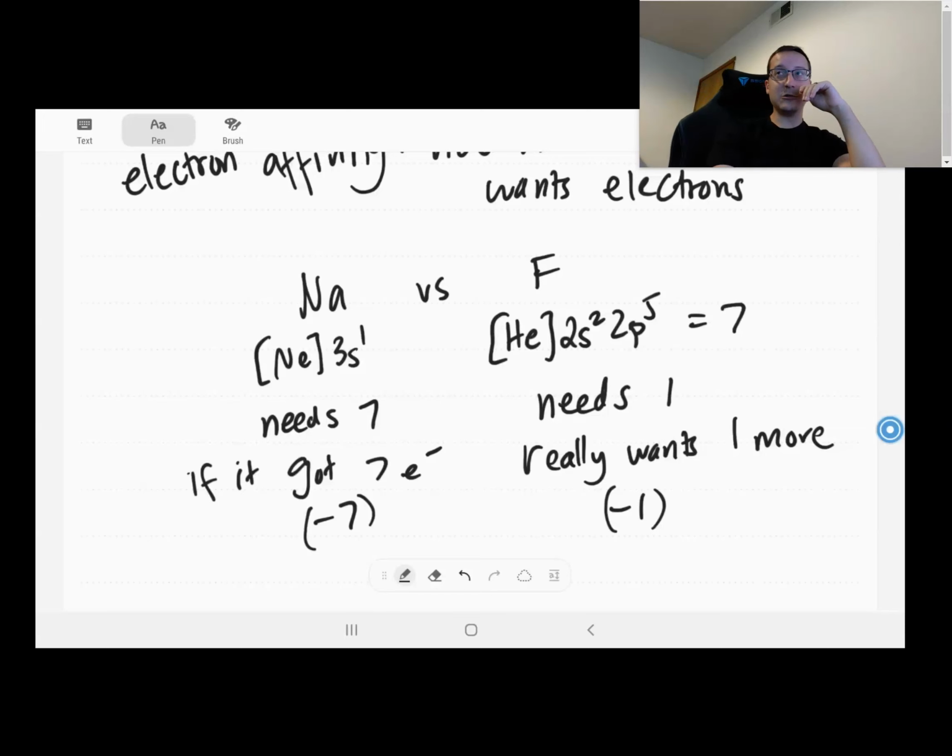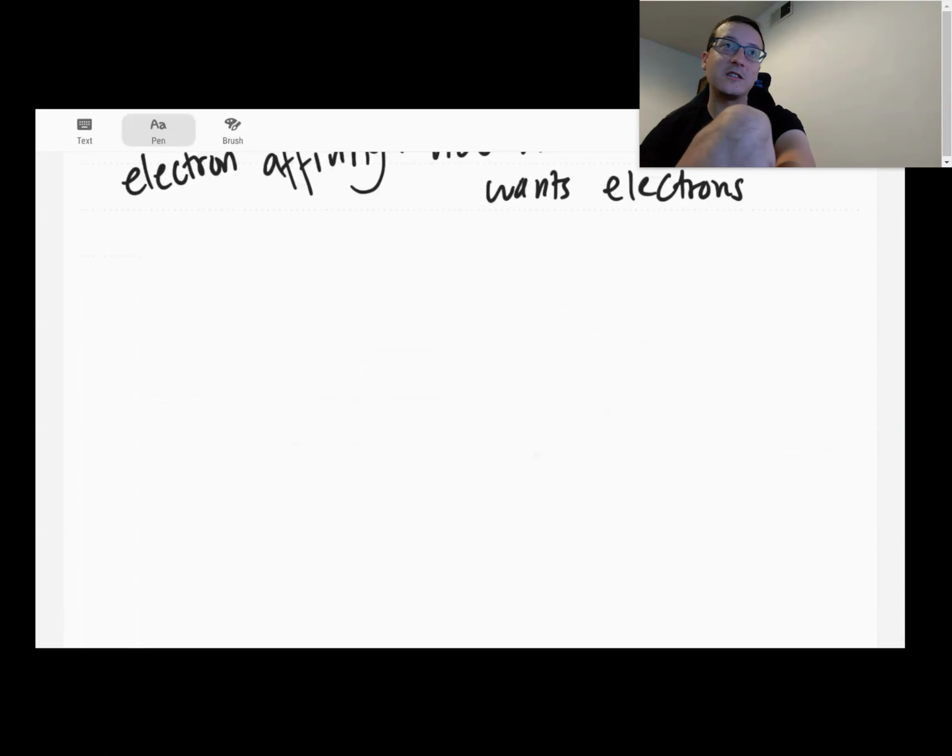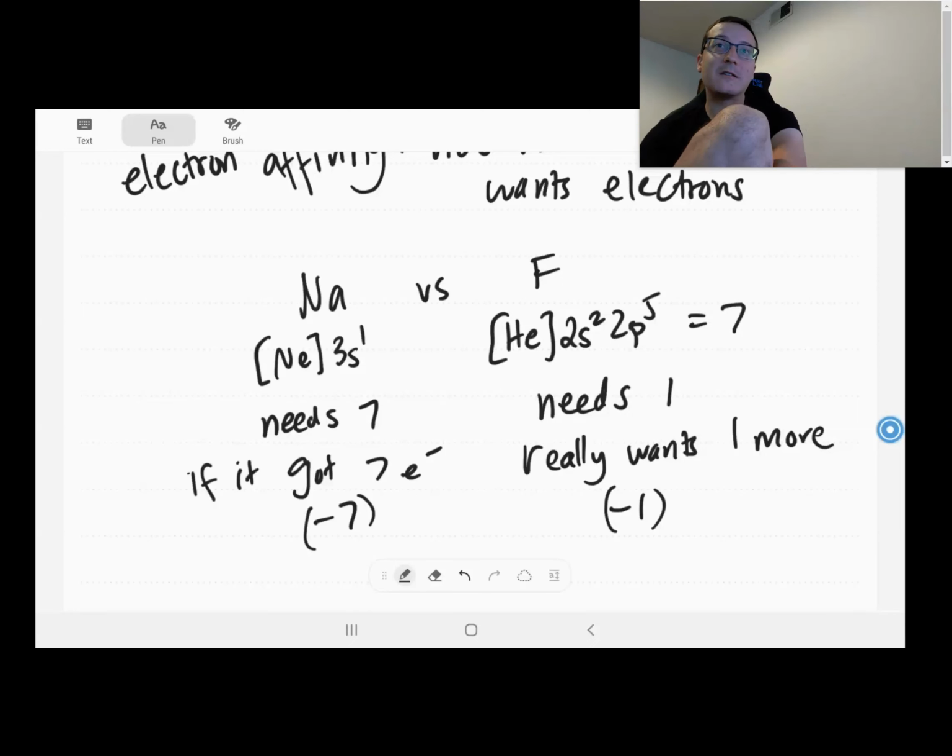If I tell you that higher charges are typically less stable, which one of these is the better one to have? Like, if atoms don't really want charges, which one is better? Why are you saying sodium?